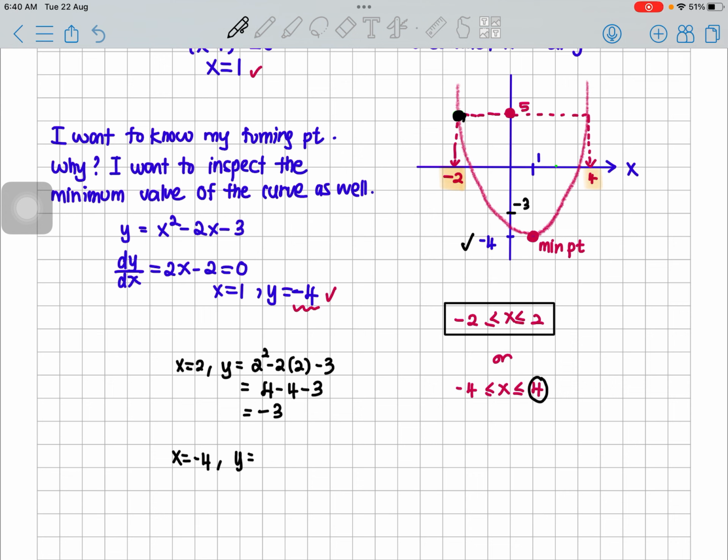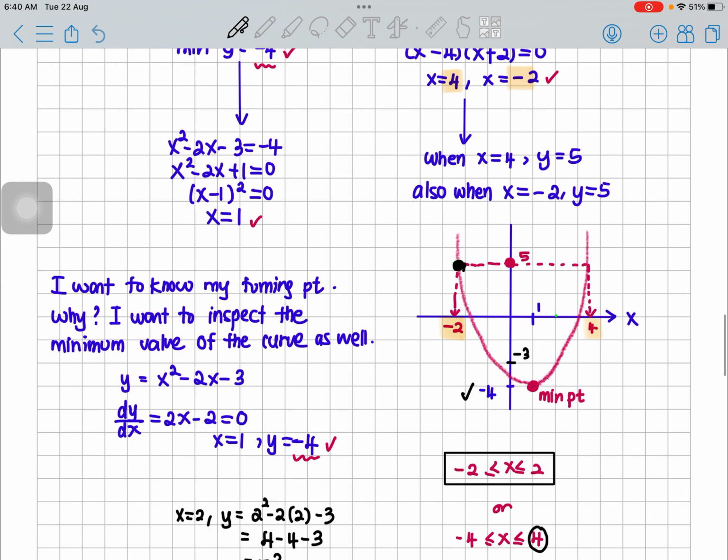What will my y be? That is 16 plus 8 minus 3, which is 21. Where is 21? 21 could be somewhere high up here. Let's just extend. I know it's not to scale, but I'm doing it. Let's say that's 21. So for minus 4, where is minus 4? It is here. When I go up, it is touching this part of the curve.